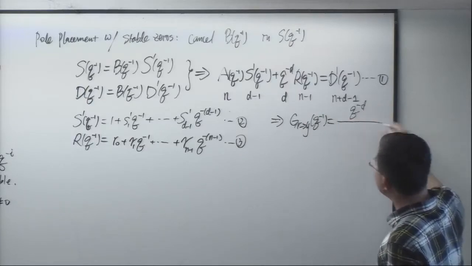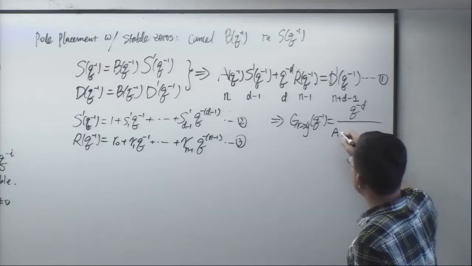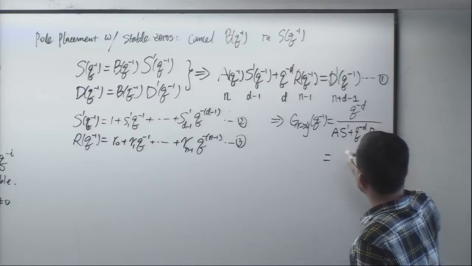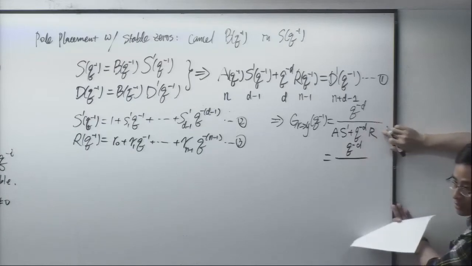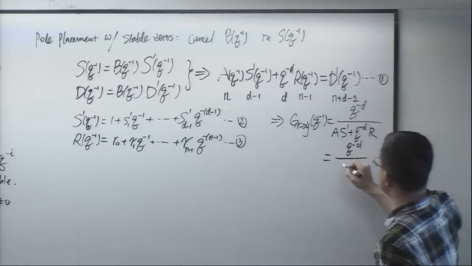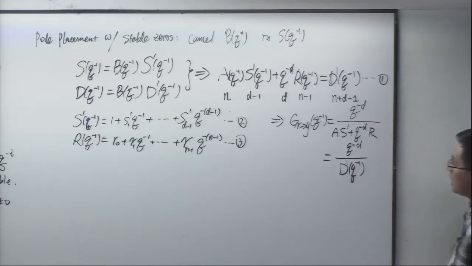Q negative D in the numerator. In the denominator is going to be A S prime plus Q negative D R, and it equals D prime. So we have placed the closed loop poles by designing this to be D prime. That's pole placement.